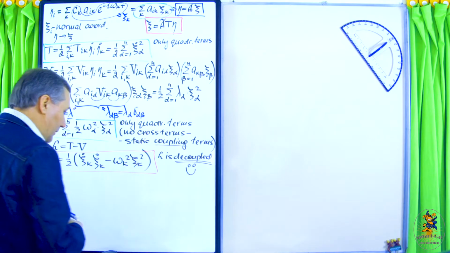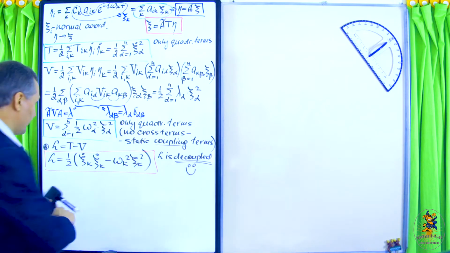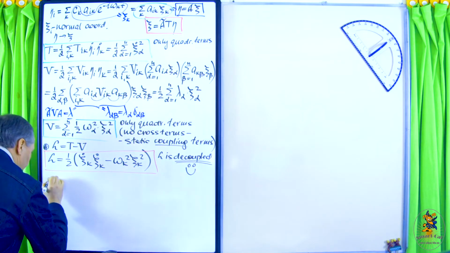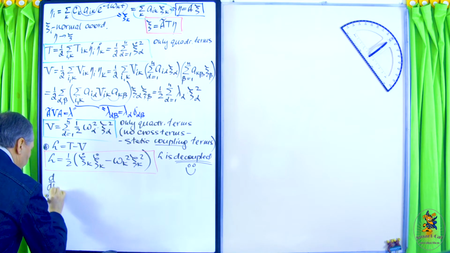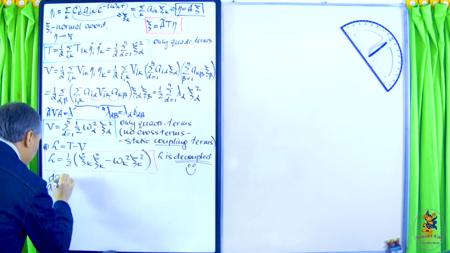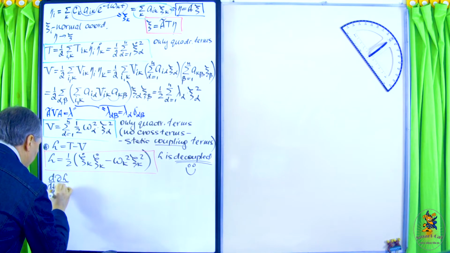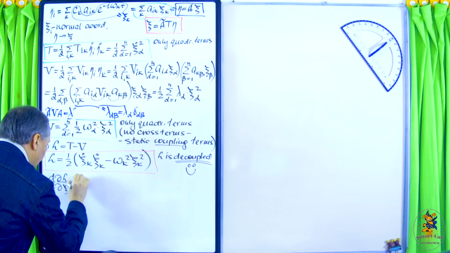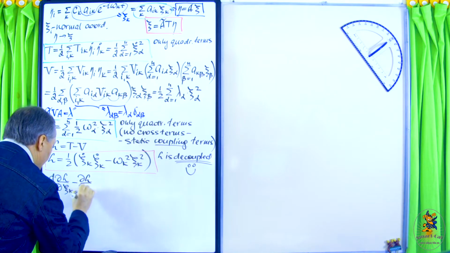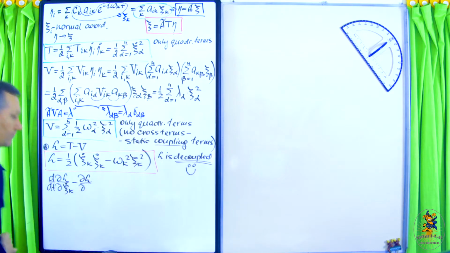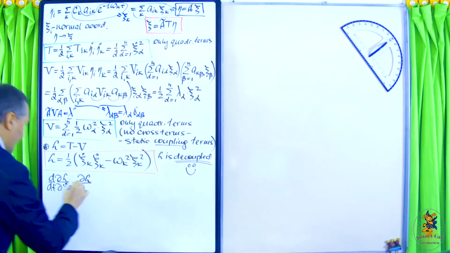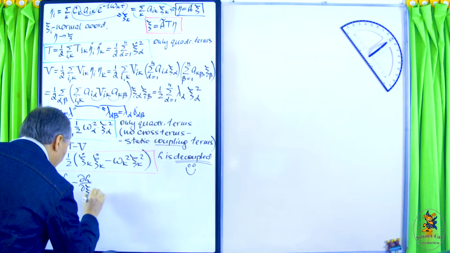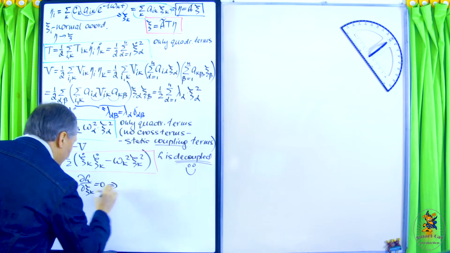Right, and so now the Lagrange equation. So we can write the Lagrange equation for index k: the partial derivative of L with respect to xi k minus d/dt of the partial derivative of the Lagrangian with respect to xi k dot equals 0.